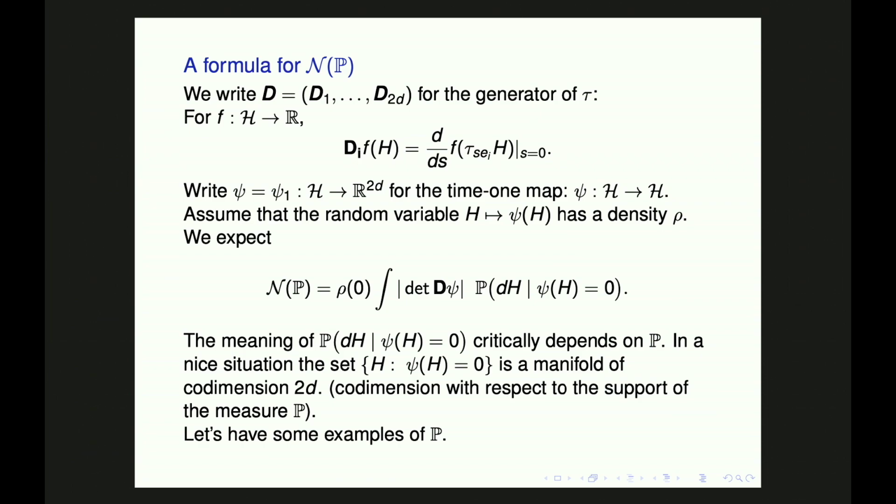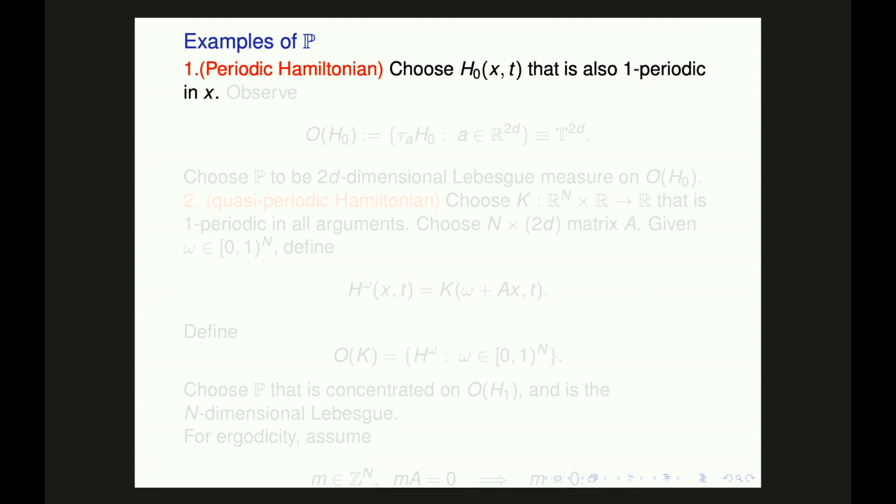This function takes values in R^2D, so generically you expect the level set would be a submanifold of codimension 2D. So you are basically performing this integral over a space that is of codimension 2D. And what that manifold is would be exactly the question here. But in order to give a better meaning to the formula that I mentioned, I should review some examples.